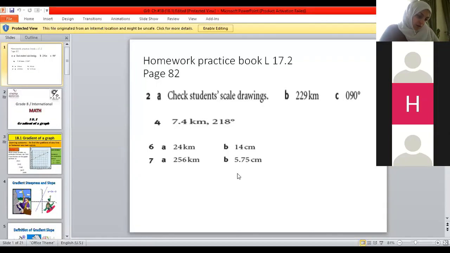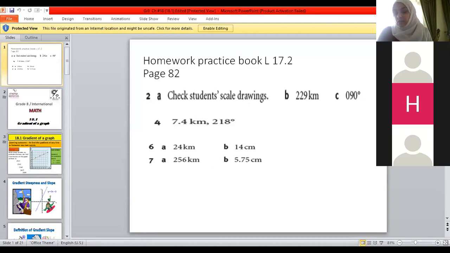First of all, this sheet is the answers for lesson 17.2. I already sent it last time, but this is again just to show it in front of everybody. As I told you last class, for question 2, it's not really important to check your drawing.